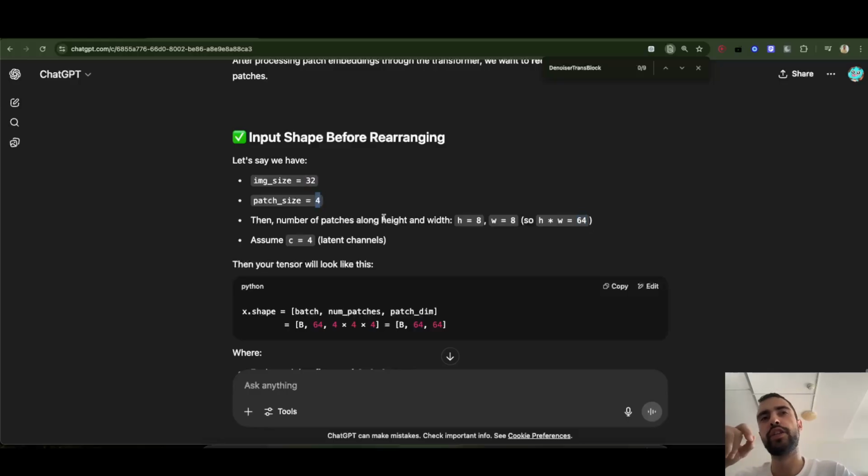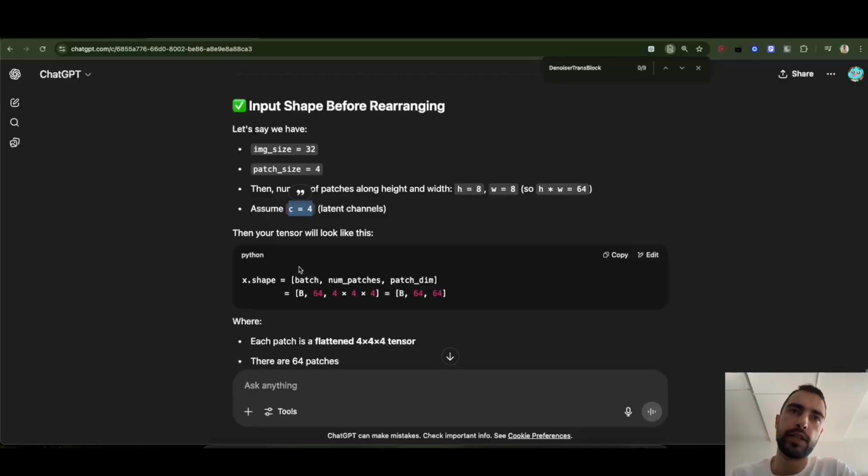Oh, no, sorry, each patch has 4 pixels and there is 8 patches along each side. So assume C is 4, these are latent channels. So then your tensor will look like this. Batch, that's whatever number of images, and then number of patches, 64, and then patch dimension. That will be 4 height, 4 width, and 4 channels.